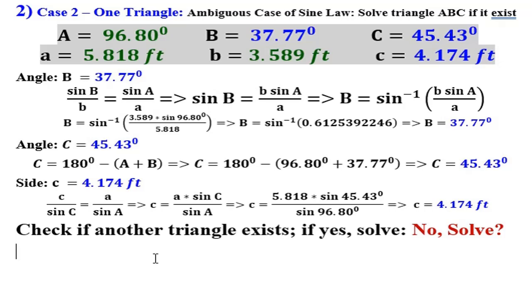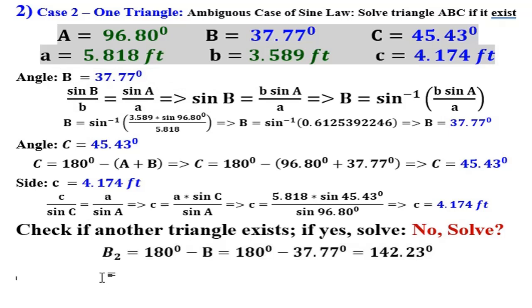Now we check if another triangle exists. If yes, we solve it. If another triangle exists, there will be another angle B2, and that B2 is supplementary to the B that we found here.